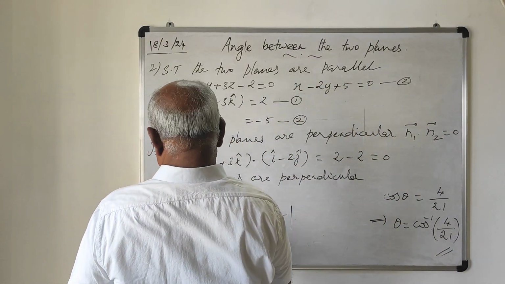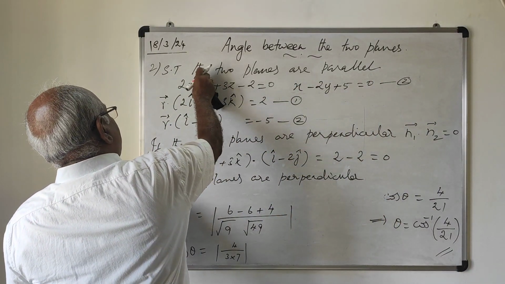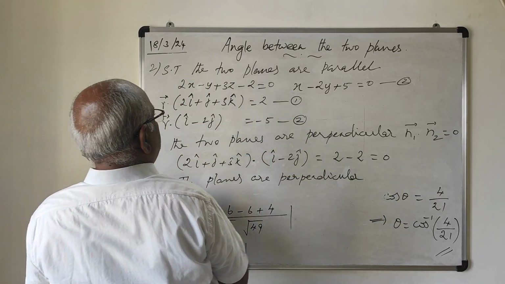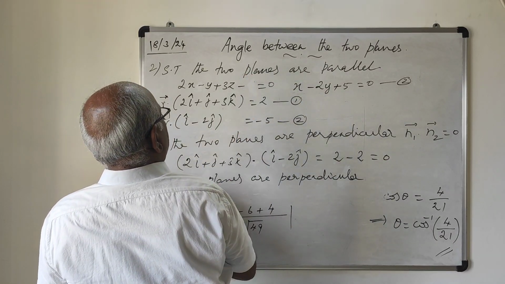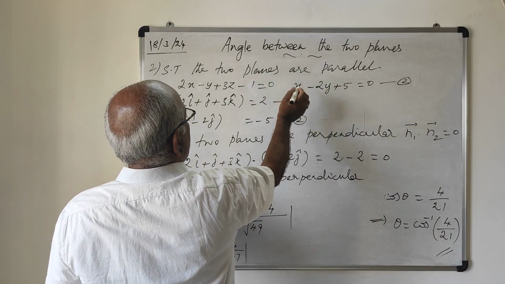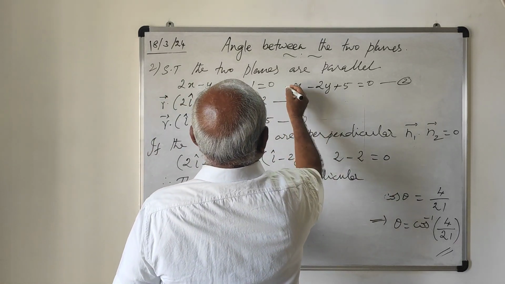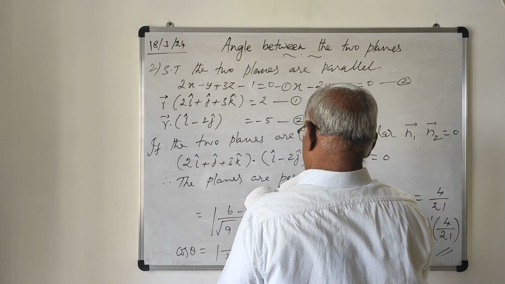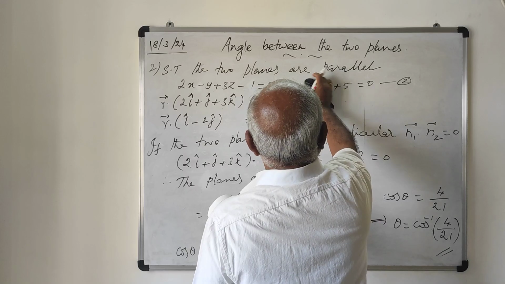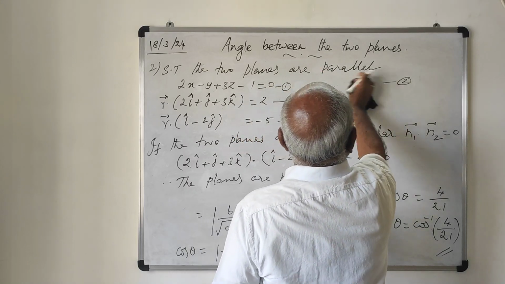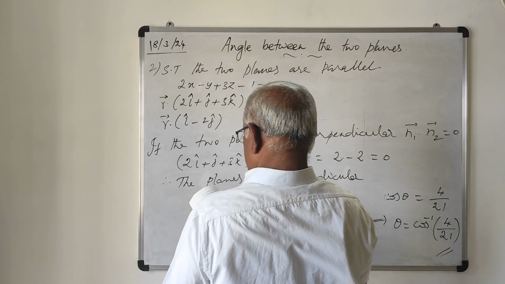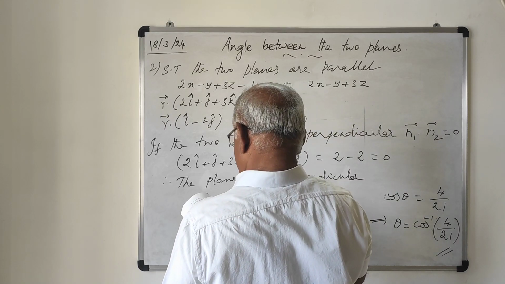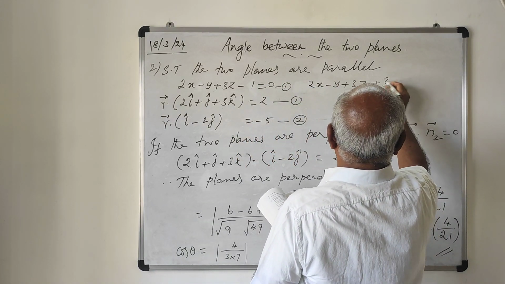For that, the first plane is 2x minus y plus 3z minus 1 equal to 0. This is plane 1. And plane 2 is 2x minus y plus 3z plus 3 equal to 0.